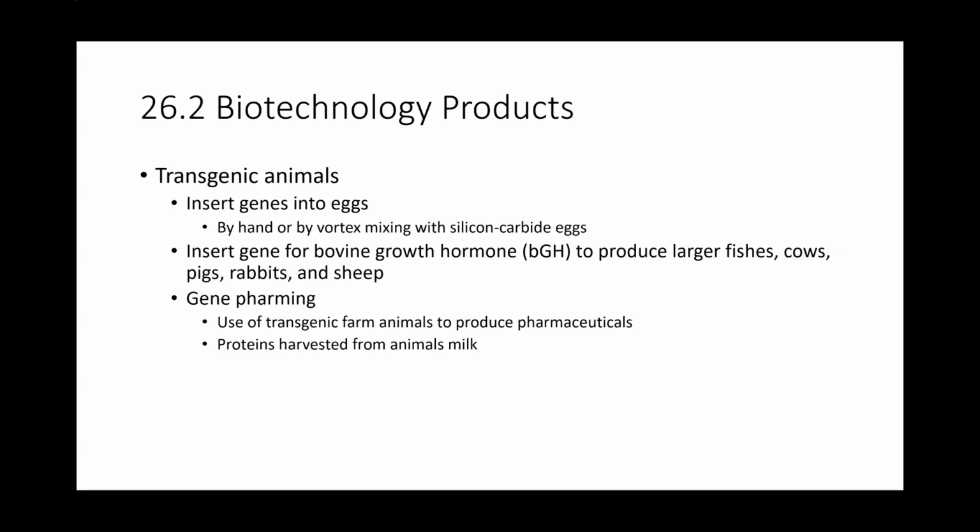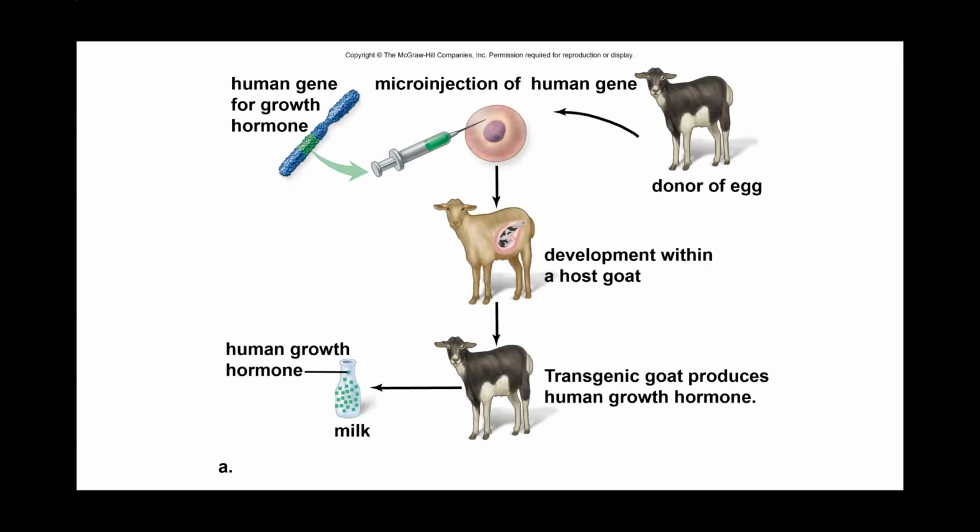So we extract eggs, we then can insert genes into the eggs, we then can fertilize the egg and place it back into the animal in the uterus, and that embryo will grow but will now contain specific genes, and then we can farm those genes from the animal for a long period of time. One way they do this is by farming the milk from goats. Let me show you that in the next slide.